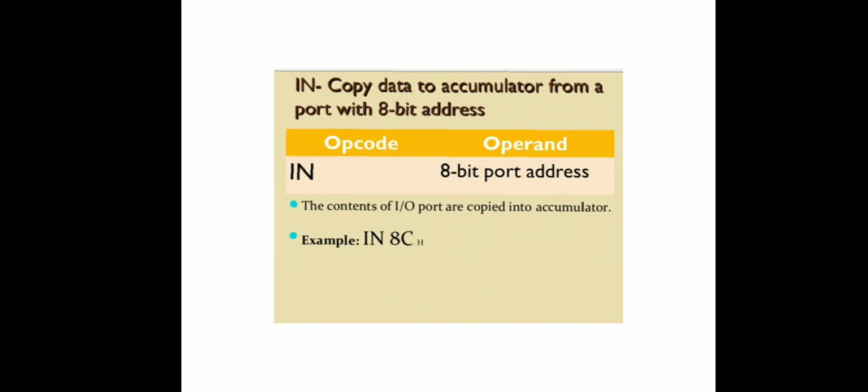IN, copy data to the accumulator from a port with an 8-bit address. Here, after the execution of this instruction, the data of the input port is copied into the accumulator. The port address is given by the operand.